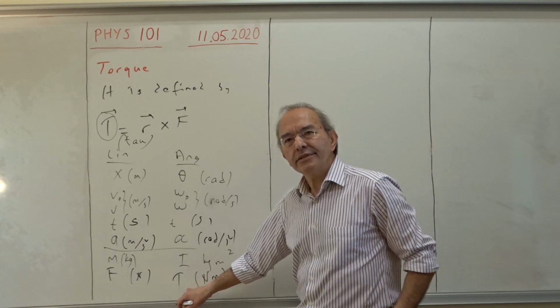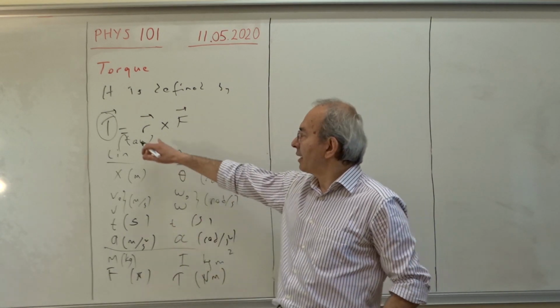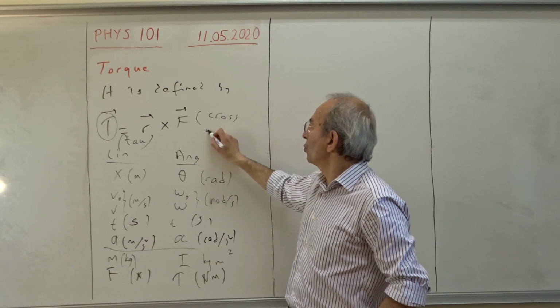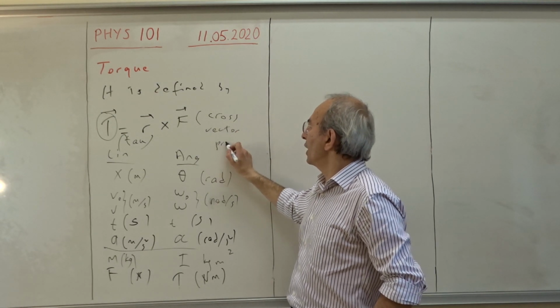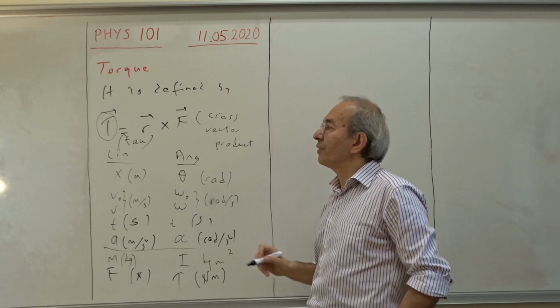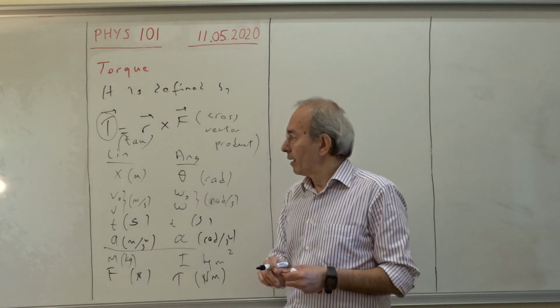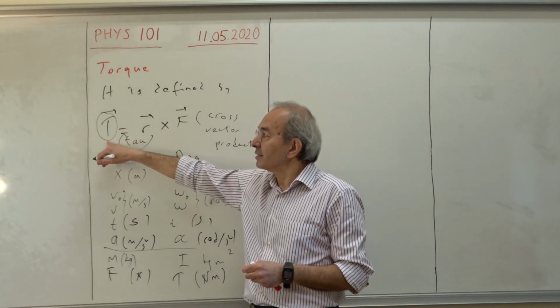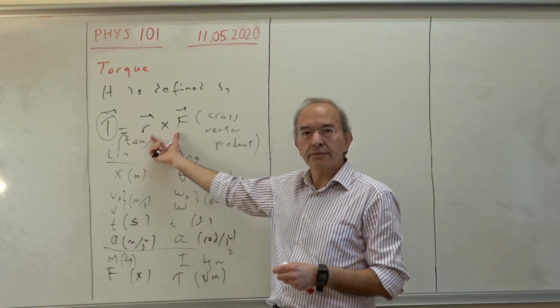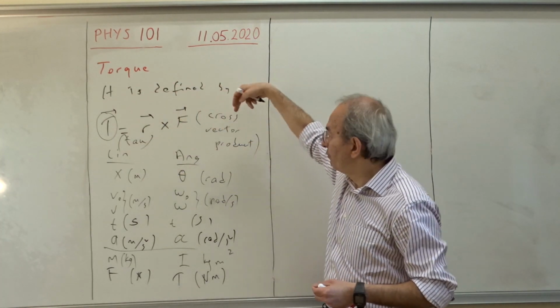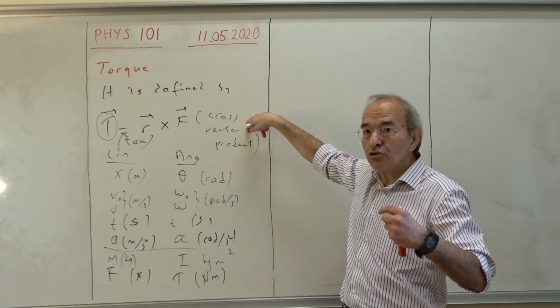Alright, so tau is defined by some cross product. It's a cross or vector product. We have seen these vector cross products in chapter 1. Since the result of this multiplication is a vector, we call it vector product.